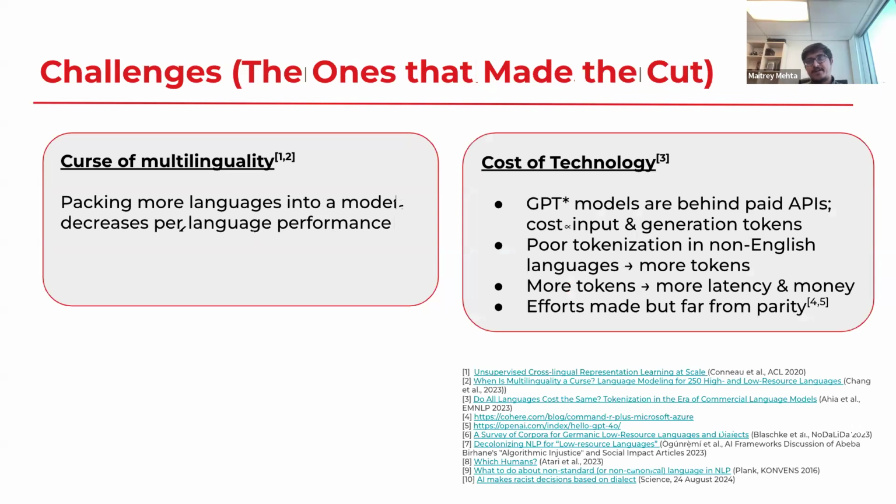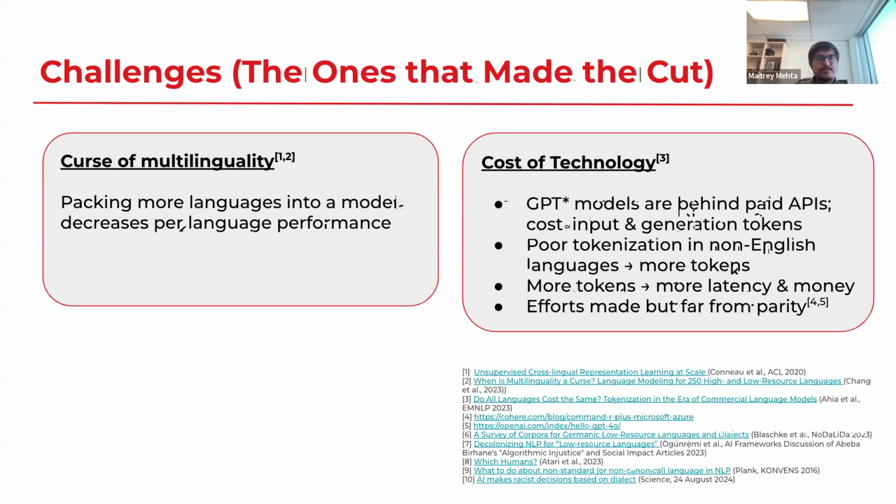The other challenge is cost of technology. Many models like ChatGPT and all the API-based models charge you based on the amount of input tokens and the output tokens that they generate. And it turns out that if you have the same sentence in different languages, for a higher resource language, you require a lesser amount of tokens as opposed to a lower resource language.